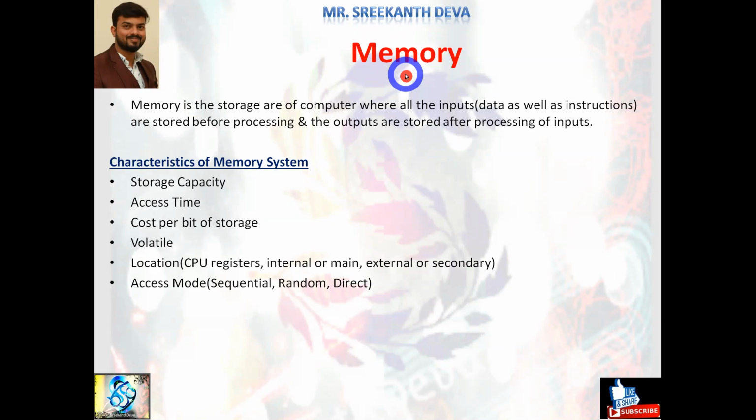A storage device is a hardware component capable of holding information either temporarily or permanently. You need to remember these points for computer memory: what is memory, why it is required, and the data and instructions stored in the memory. Simply remember, computer memory provides space for storing data and instructions before processing, during processing and after processing.